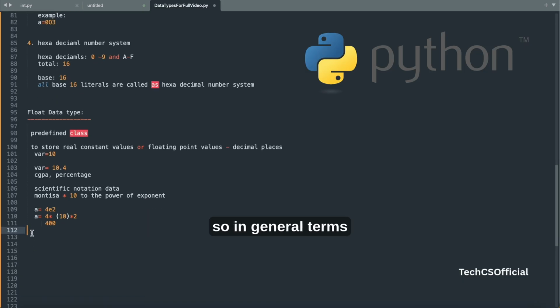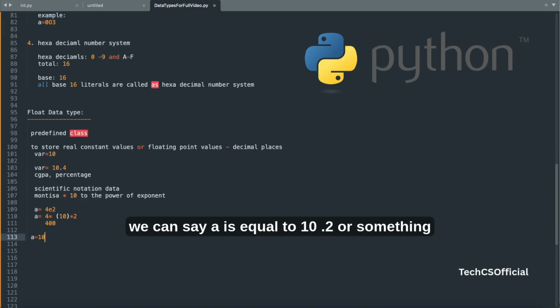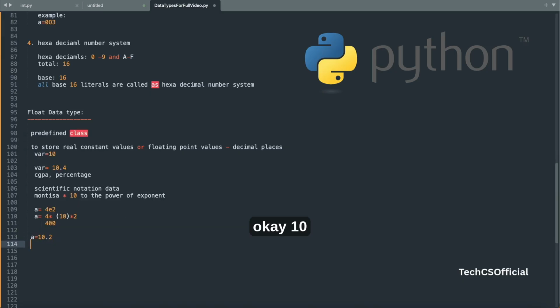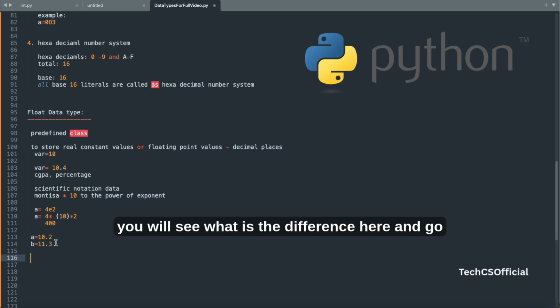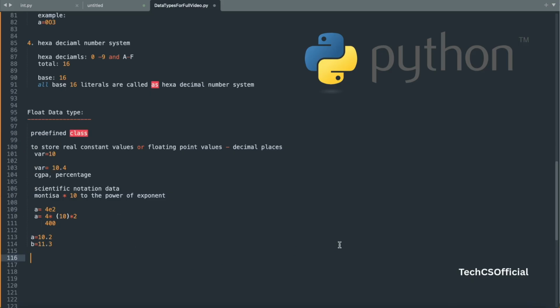In general terms we can say a is equal to 10.2 or something, and b is equal to 11.3. We can combine both and see what the difference is in the terminal.